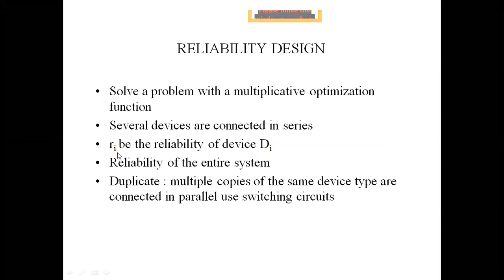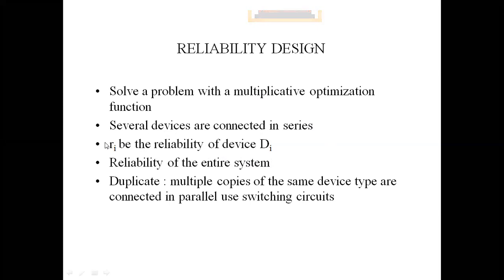So in reliability design, we are solving a problem with a multiplicative optimization function, since we are taking multiple devices. Several devices are connected in series. Already you know all the devices are connected in series. Ri is the reliability of device Di. Di is the device, Ri is the reliability. Then what is the reliability of device Di? That is Ri.